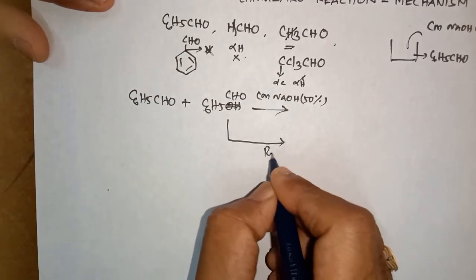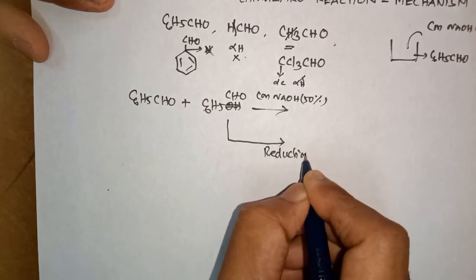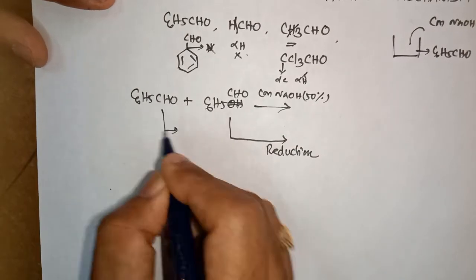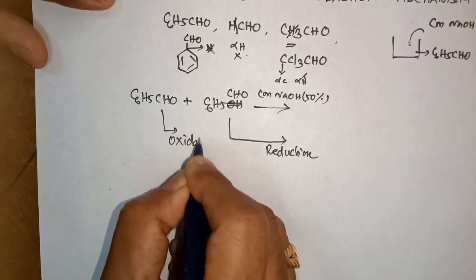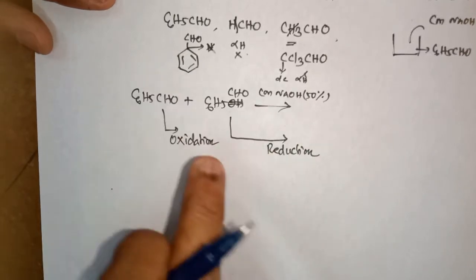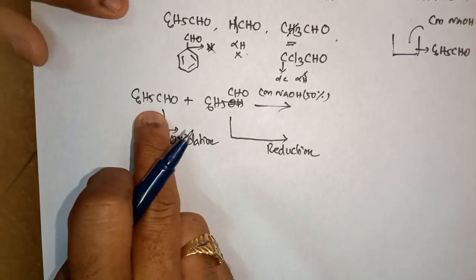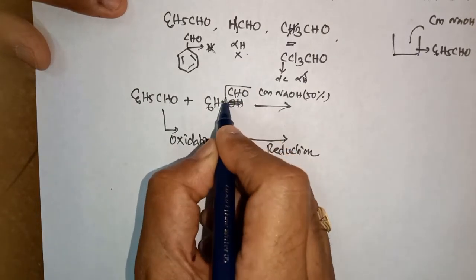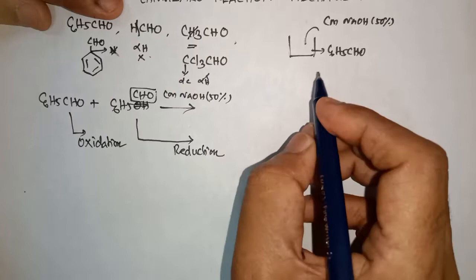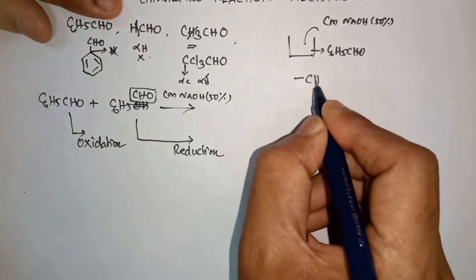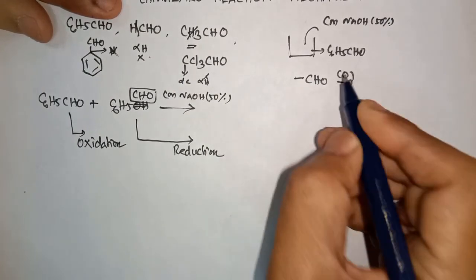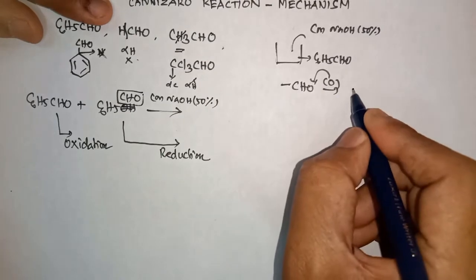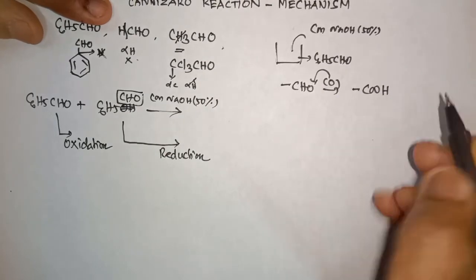This one is undergoing oxidation. It undergoes reduction. It undergoes oxidation. You all know that when an aldehyde functional group is oxidized, addition of oxygen takes place and it becomes a carboxylic acid.